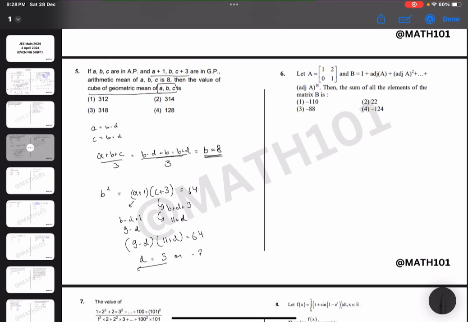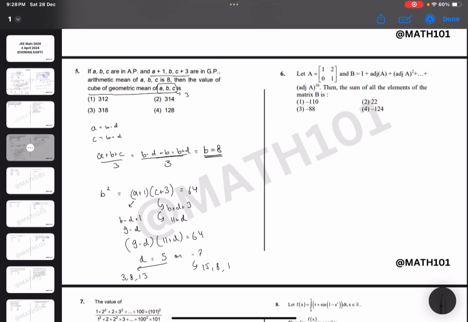If D is 5, then B minus D, that is 8 minus 5, is 3. 3, 8, 13 are the three numbers, or 15, 8, 1 are the three numbers. Cube of geometric mean of ABC.